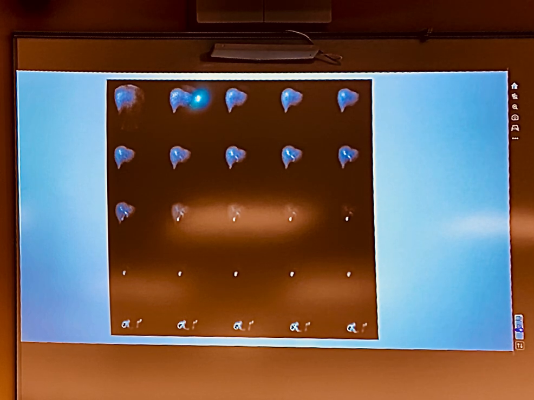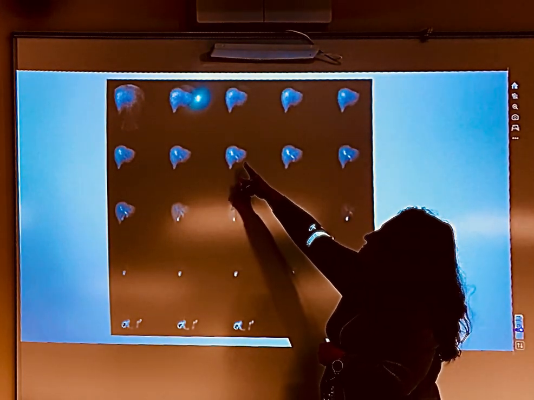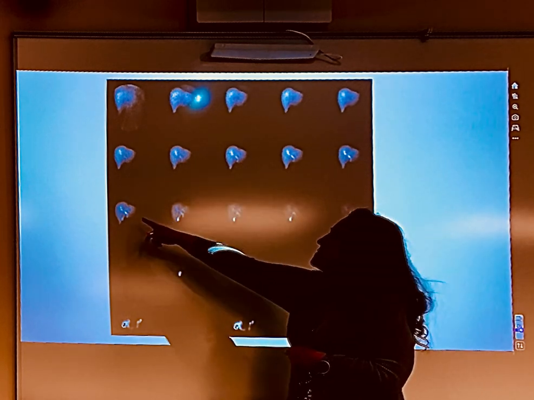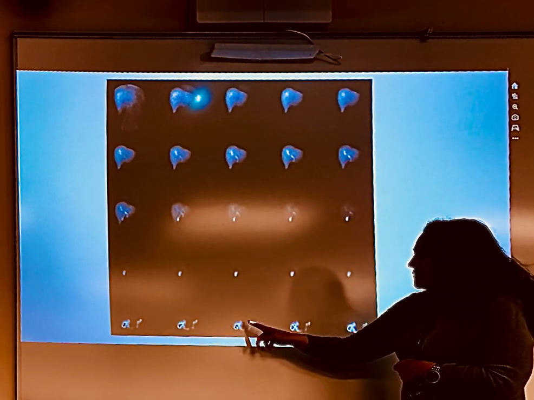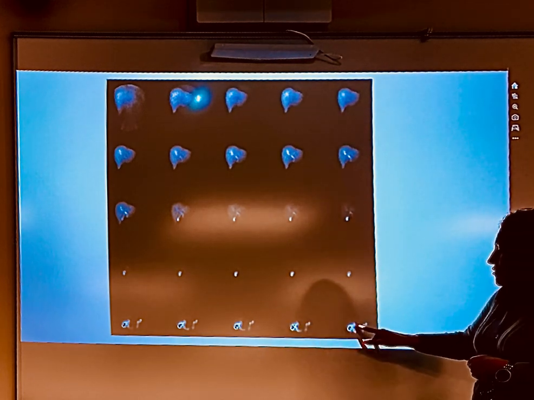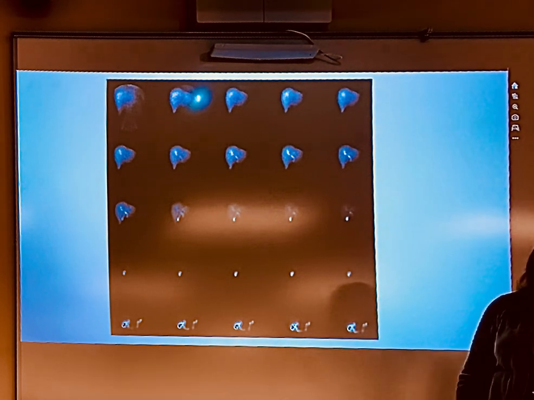Normal for me. Yep. Liver, bowel. Liver, common duct, gallbladder, bowel. There's so much activity in the gallbladder that it actually started to pixelate. This is an old scanner.